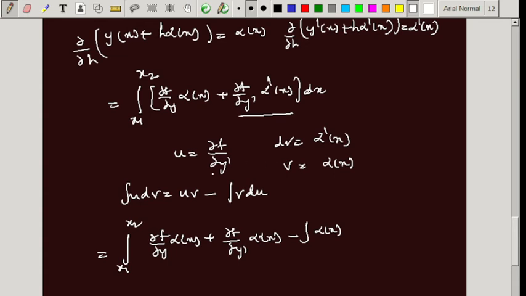Here we must differentiate u, so here d is nothing but d by dx of dou f by dou y dash into dx. So here we must apply the limit x1 to x2. So here we must substitute the upper limit and lower limit, but the second part we have the integration, so we must write as it is.